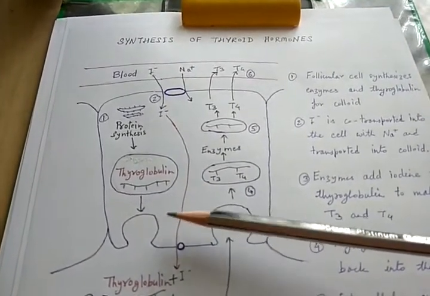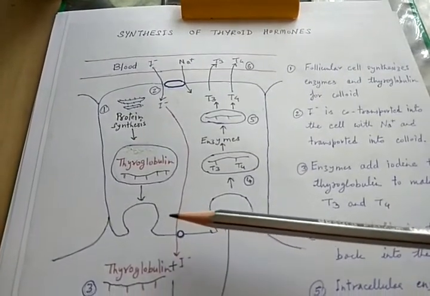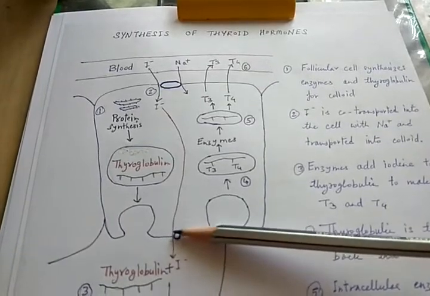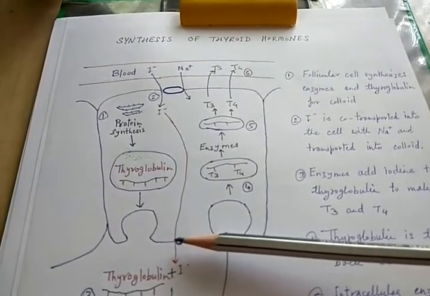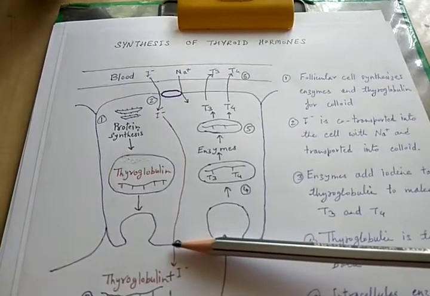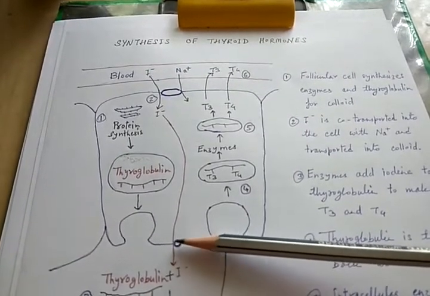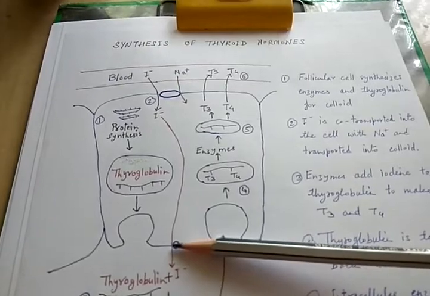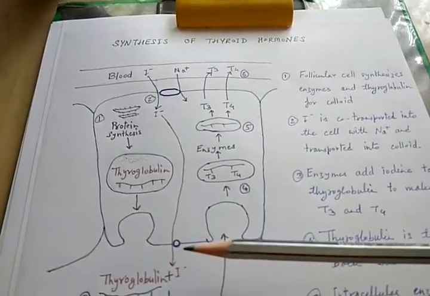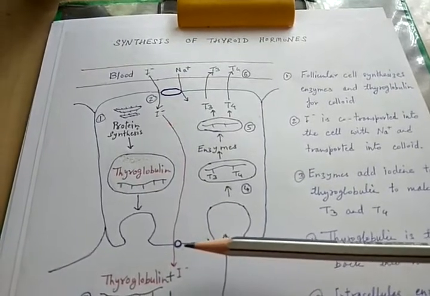So what happens next is there is an enzyme present in the plasma membrane of the luminal side, that is called thyroid peroxidase.